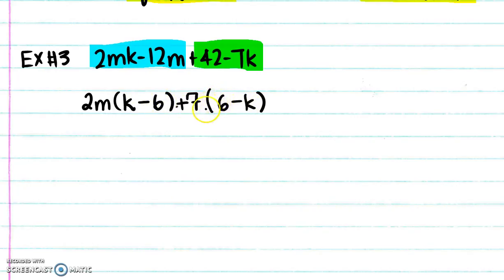So what looked like we'd be able to take out a positive 7 actually is going to need to be a negative 7, because I need to change that 6 to a negative 6 and the k to a positive k. Now they're the same. Now they don't even look the same, but they are the same. The like factors in the parentheses are k minus 6, and what's left is 2m minus 7.